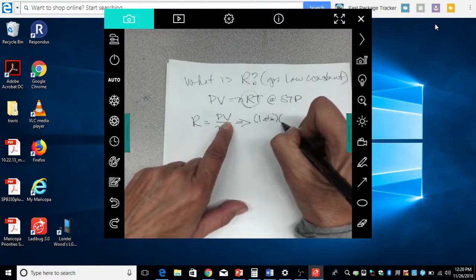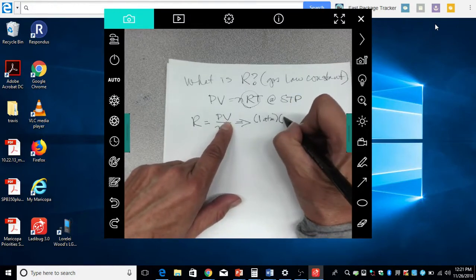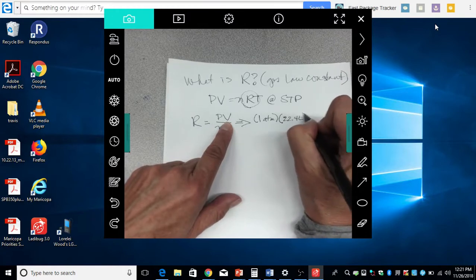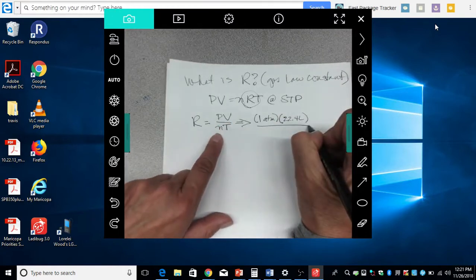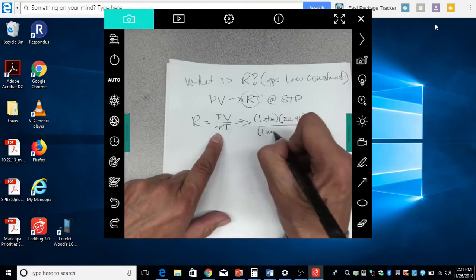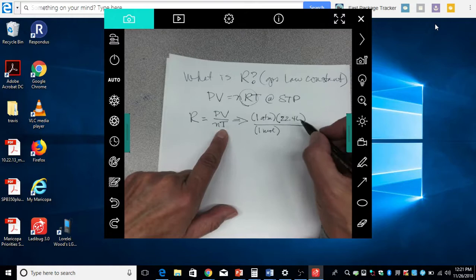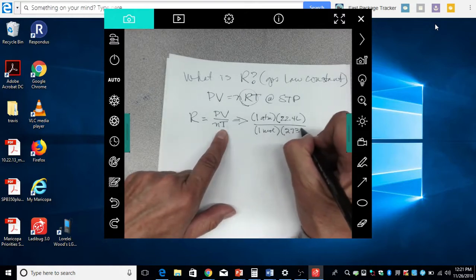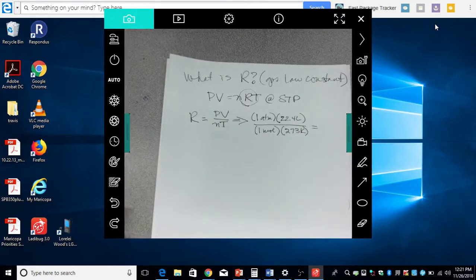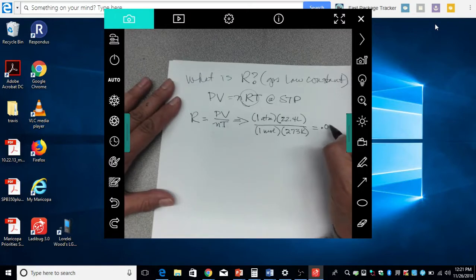Standard volume of 1 mole of gas is 22.4 liters. 1 mole is standard, right? That would make sense. What's the standard value? 1 mole. And what's standard temperature? 273 Kelvin. All right. So now if you plug all those in, you come up with 0.0821.